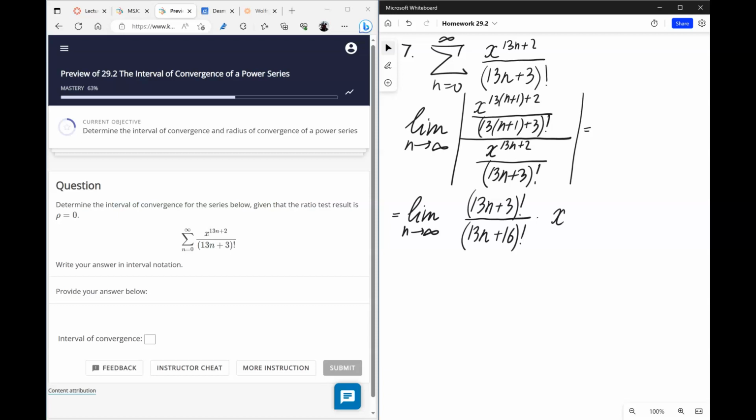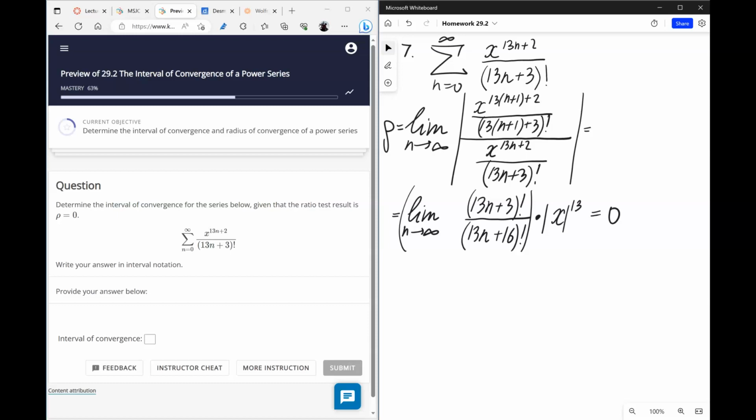We have plus 13 plus 15, so x to the power 13, which is not part of the limit now, and this limit is equal to 0. So that's the hint. The hint says that this is equal to 0. So we didn't have to actually do all this work. We could have just said, hey, this is equal to 0.